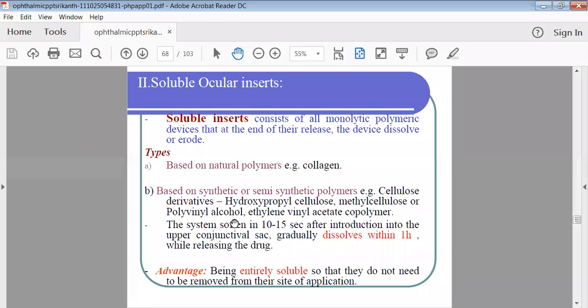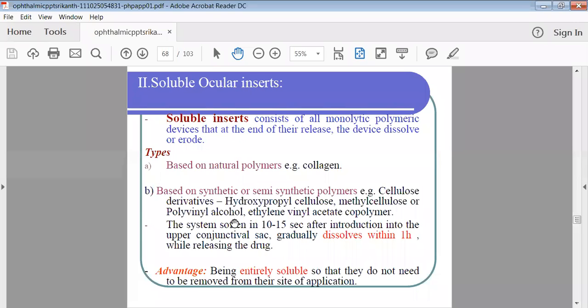Soluble inserts consist of monolithic polymeric devices that at the end of their release, the device dissolves or completely erodes inside your eye solutions or the lacrimal secretion, and it will be absorbed inside the eye itself. Generally, by using natural polymers we can prepare such soluble inserts. For example, collagen can be used as a polymer for the development of such soluble inserts.